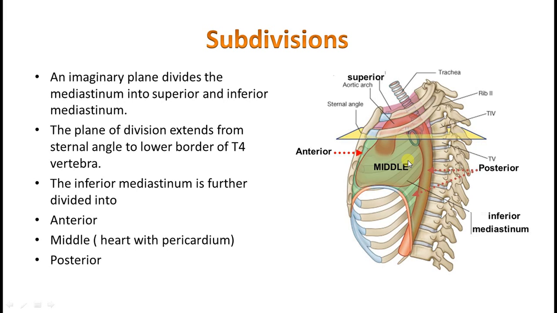What is present anterior to the fibrous pericardium is the anterior mediastinum, and what is present posterior to the fibrous pericardium is the posterior mediastinum. So anterior, middle and posterior mediastinum are all subdivisions of the inferior mediastinum.